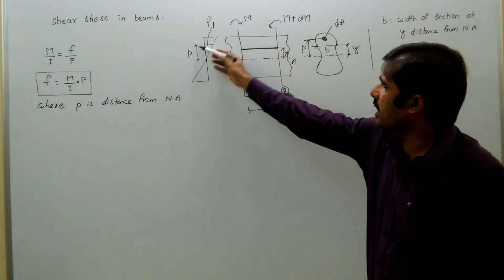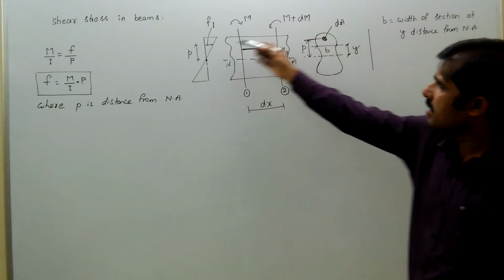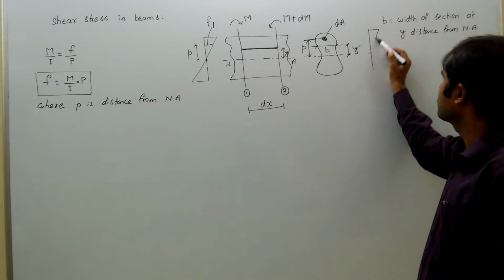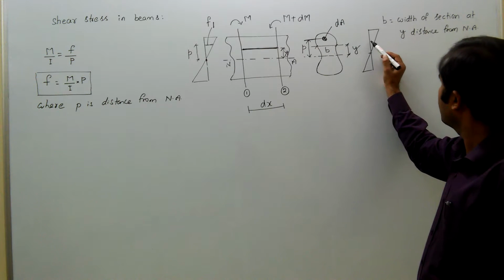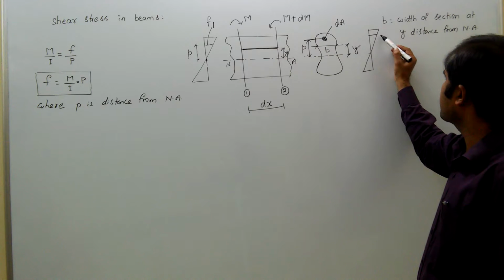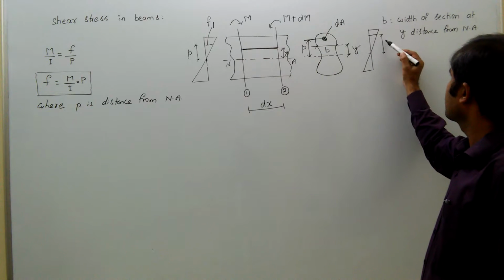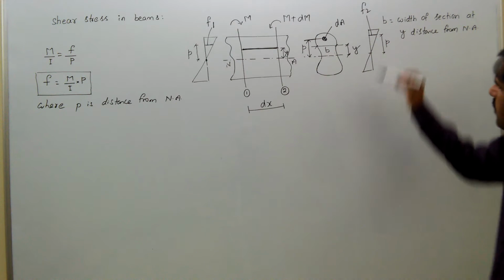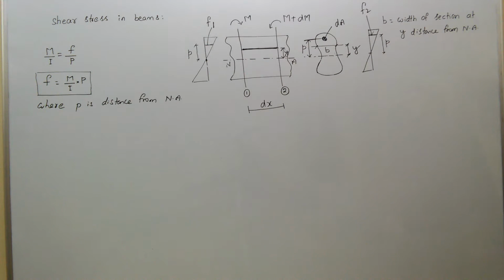At that level, at distance p from the neutral axis, the stress is F1, but on this side, at this distance p, the stress is F2.